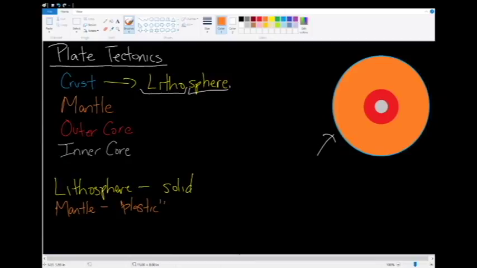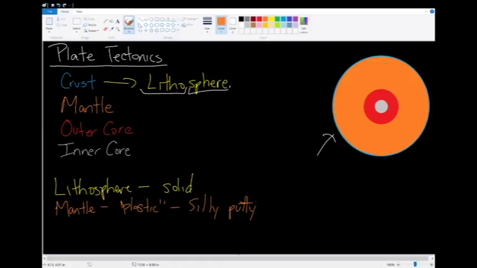So it's stretchy and goopy. It's not really a liquid. You can't pour it very well, but it is halfway between a liquid and a solid. It doesn't go very fast, which is probably a good thing, all things considered. But the mantle is plastic. It flows like a liquid does, just very, very slowly.